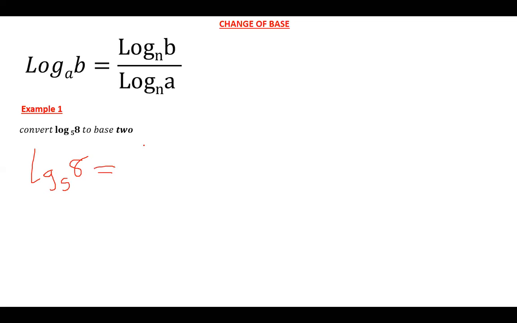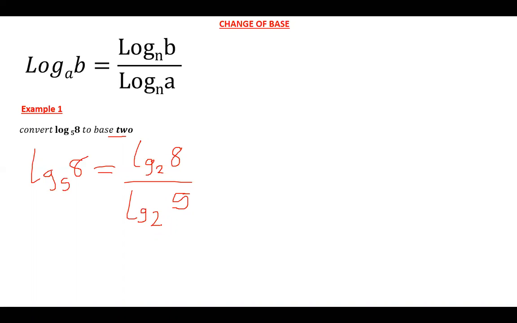So I'll just write log 8 over log 5. And then I'll now put the bases. I've been told to convert it to base 2, so I'm just going to put base 2, base 2. This is how simple it is to convert the logs. There's nothing you need to know apart from this. This is how you convert the bases.